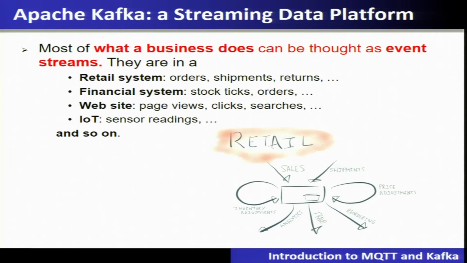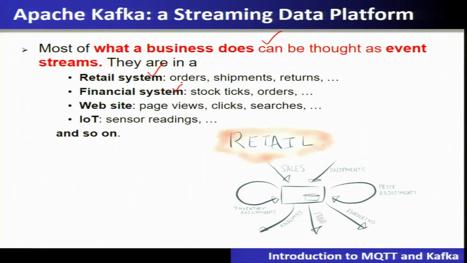Now, let us get started looking in more detail at Apache Kafka as a streaming data platform. Most of the business can be thought of as an event stream. They are often seen in a retail system where the orders, shipments and returns work as event streams.